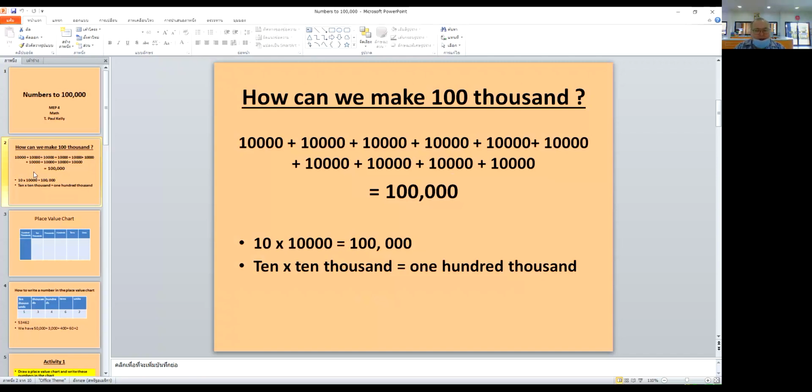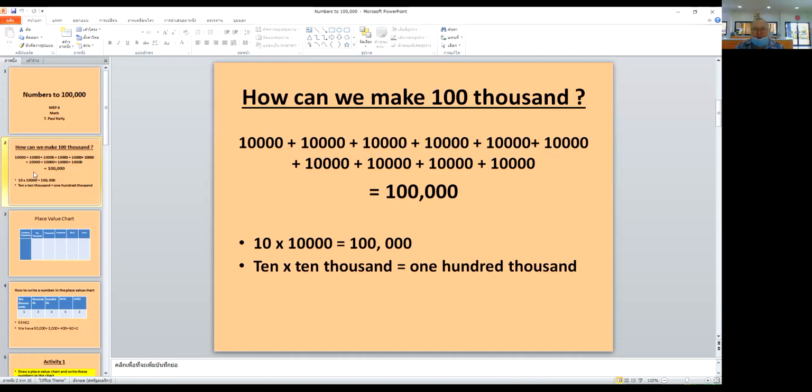So if we add 10,000 plus 10,000 plus 10,000, all the way through to 10 times 10,000 equals 100,000. In primary 3, you learned about numbers up to 10,000.